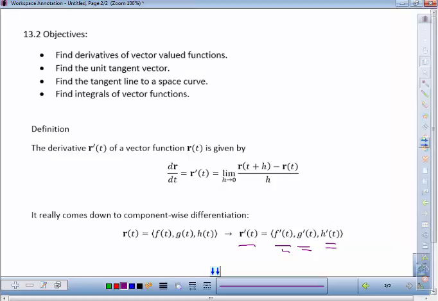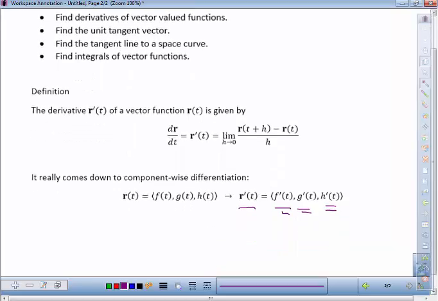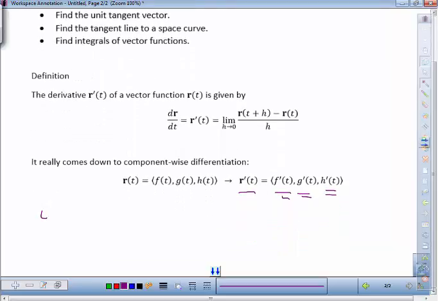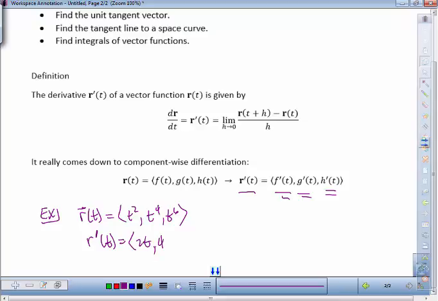So let's take that example that we had. I think r of t was equal to t squared, comma, t to the 4th, comma, t to the 6th. And so the derivative of that is really 2t, 4t cubed, 6t to the 5th.